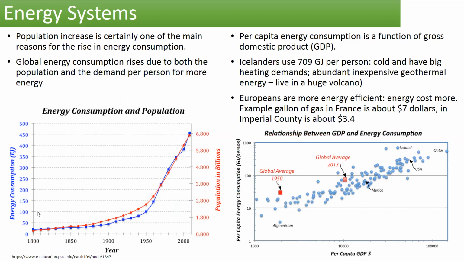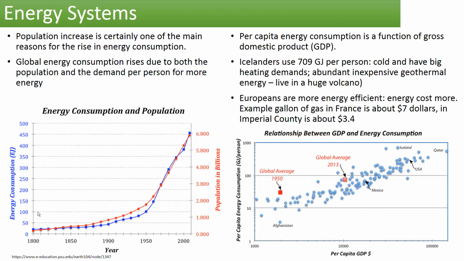So on the graph on the right, you can see the per capita energy consumption, in gigajoules per person, versus the per capita GDP. We can see on this that the developed countries like the US, maybe Iceland, are on the top right of this graph. Mexico is kind of in the middle, okay?